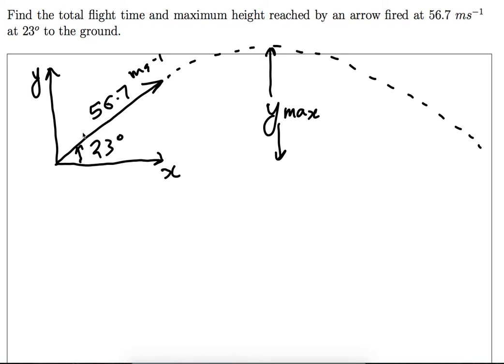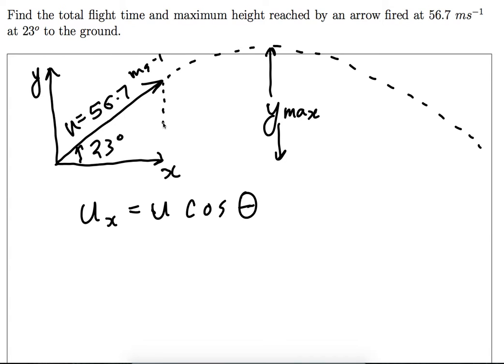Remember that the whole key to projectile motion is dividing out the horizontal and vertical components. So this is u overall, the initial velocity, but we want to find u in the x direction, the horizontal component, which is just going to be u cos theta. Because if you think about it, there's our angle.